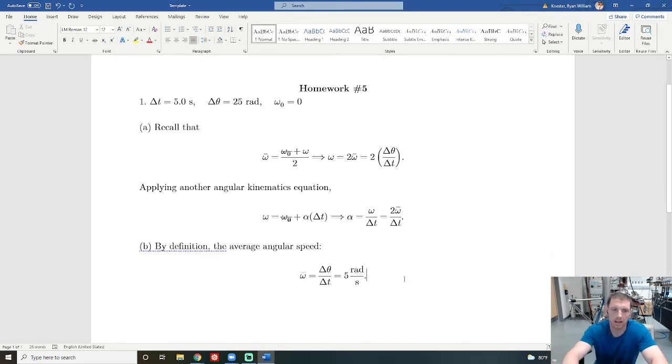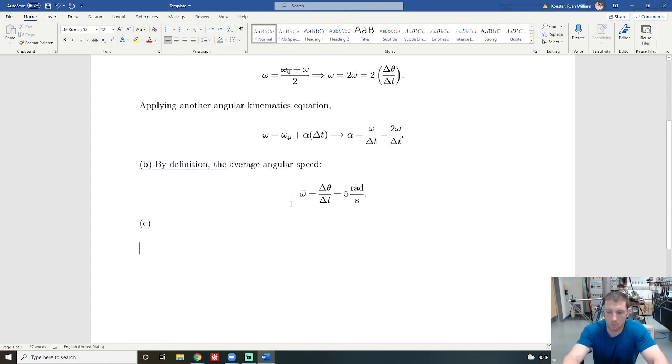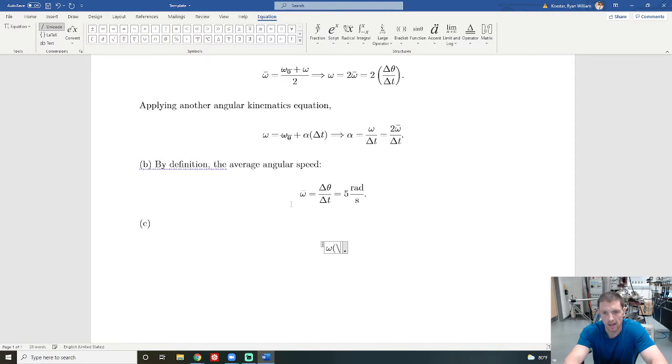Okay, so now that we have the angular acceleration in hand, we can simply write that for part C here, that omega at 5 seconds is just omega naught plus alpha delta t.